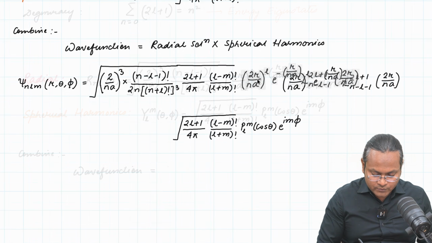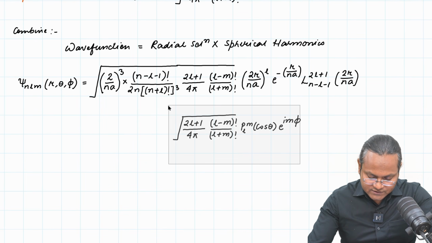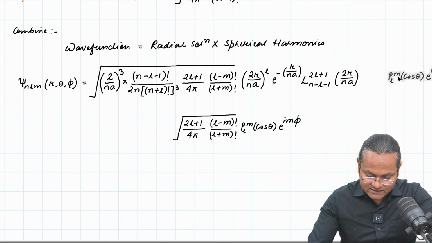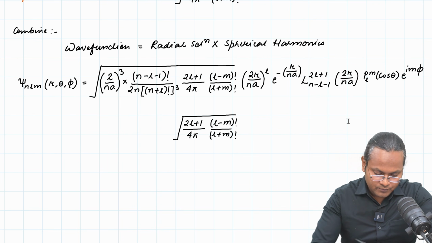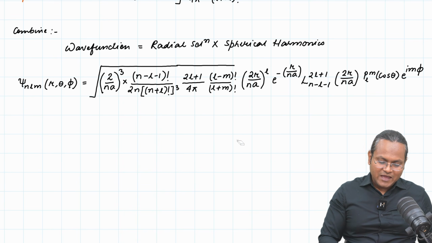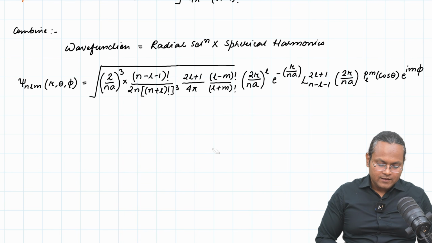All these complicated terms are nothing but the normalization constant at the end, and we are left with the radial function, the Legendre polynomial, and the azimuthal solutions. All right, there you have it. We have solved the wave function solutions for a hydrogen atom system.